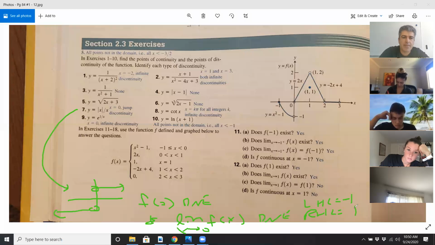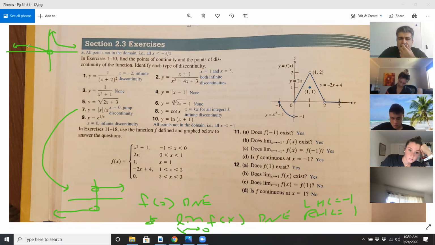Finally, number 9 is kind of weird. It looks kind of like this, I think. I think there'll be a hole here.